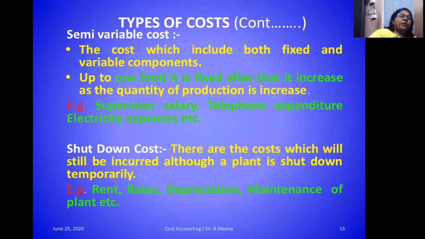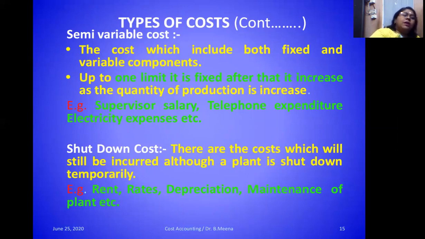For example, supervisor salary, telephone expenditure, electricity expense. Electricity expense is the best example I can give to explain semi-variable cost. To some extent it remains constant. When you cross the limit, it will vary as per the meter reading, isn't it? So that is the best example to explain semi-variable cost.